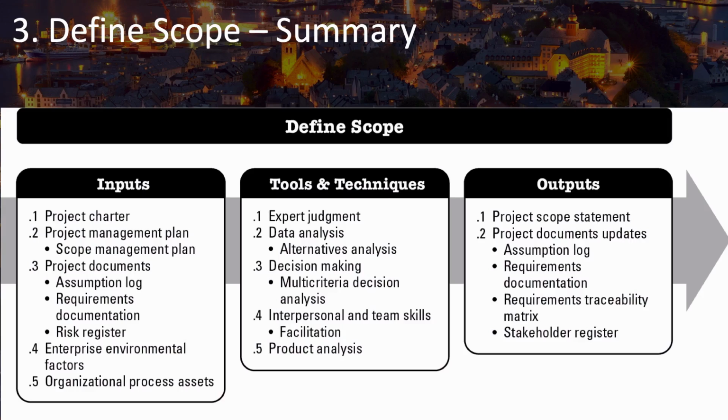As you're refining the project scope and coming up with all this additional detail and seeking to understand the reasons behind these requirements, it's quite natural that some of your assumptions or constraints may change, and you'll need to update the assumption log. You may find new requirements or new details on requirements that need to be recorded in the requirements documentation, and that can also affect your requirements traceability matrix.